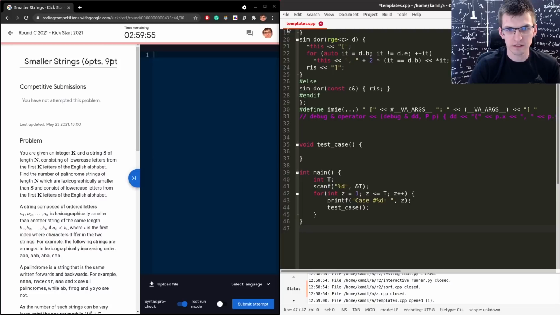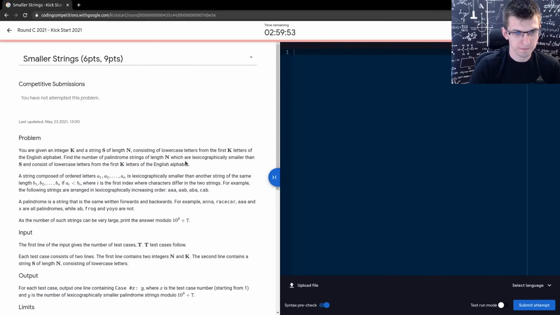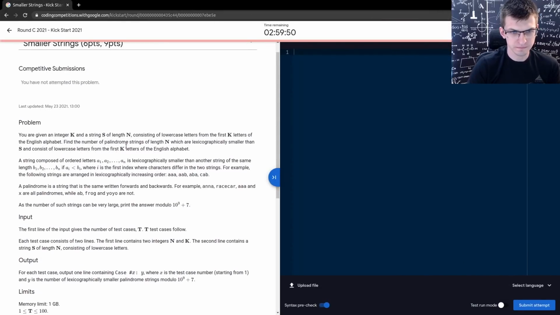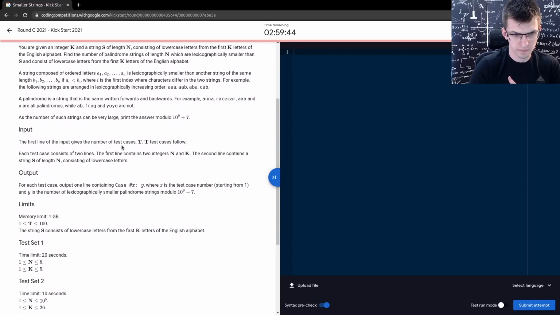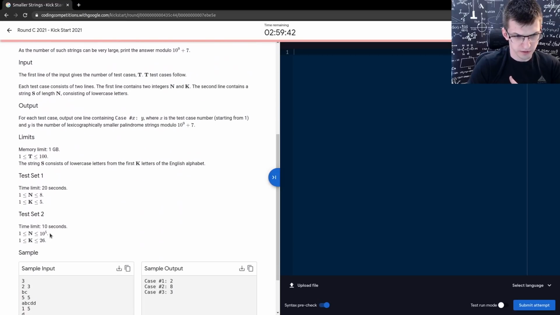Anyway. Count strings smaller than this one that are palindromes and use those characters.